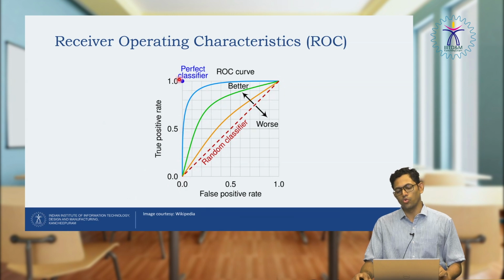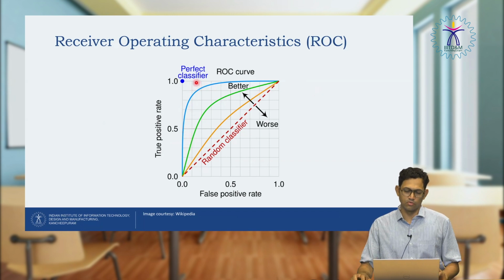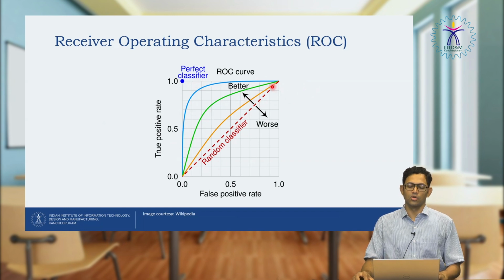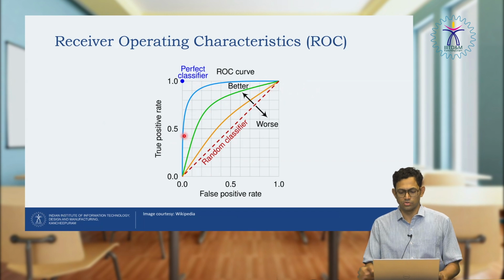As you keep going away from this 50-50% line, the more bend the ROC has, the better, right? If you are somewhere close to the diagonal, then it's like 50-50%, which we don't want. So the more the bend, the better.